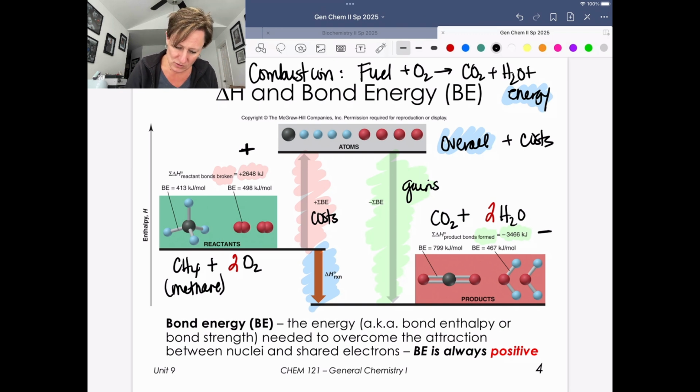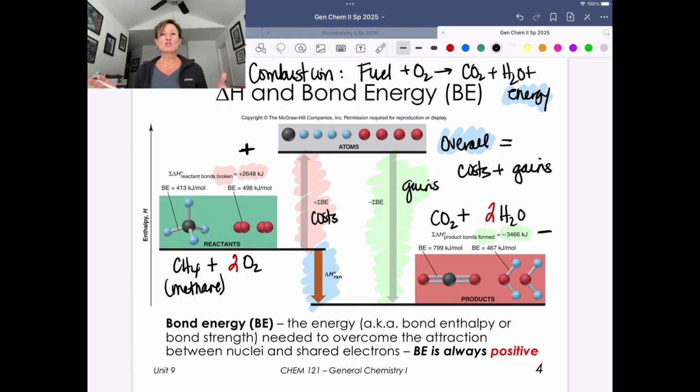I want to say our overall process is going to be equal to, let me move this down here, our costs plus our gains. And here's why I like adding things together. The order of operations doesn't matter.